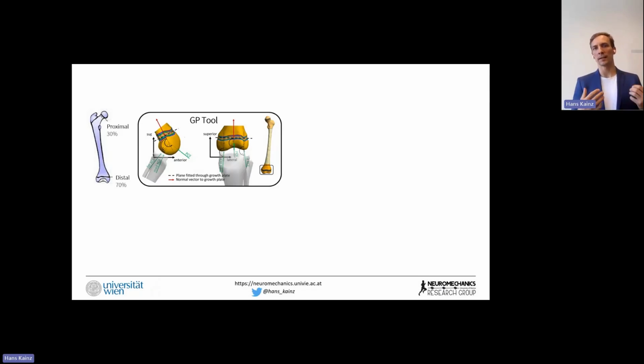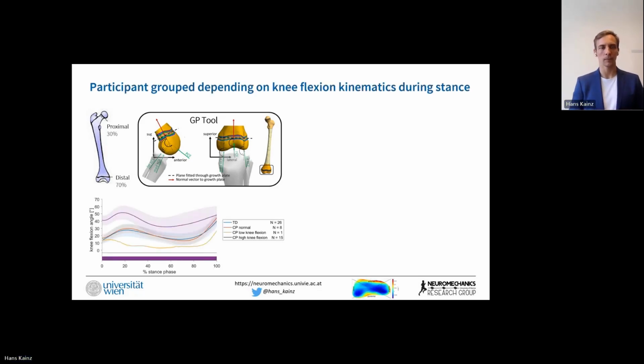And then we used musculoskeletal simulations to not only calculate the knee joint contact force, but the medial and lateral knee joint contact force, as well as the patellofemoral contact force, to make it as realistic as possible. We then divided our CP group into different groups.